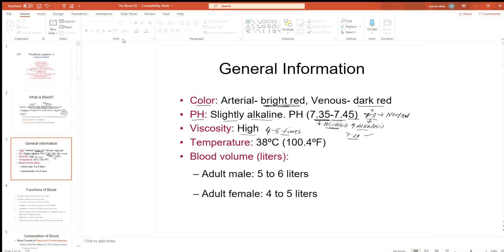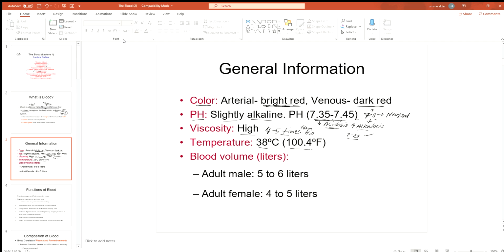So 4 to 5 times more than water. Now the temperature is slightly warmer than the body temperature. So blood is warm, slightly warmer than your core body temperature.